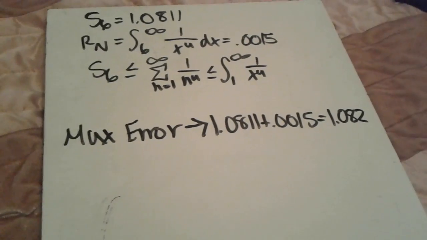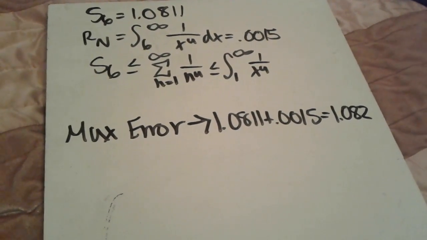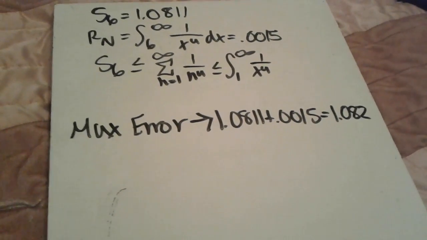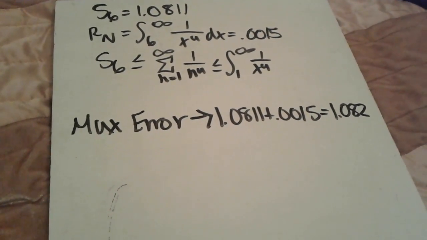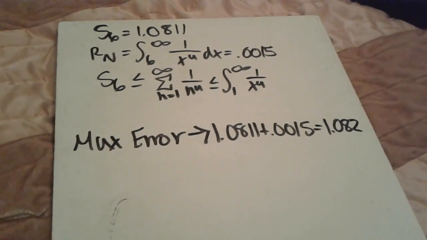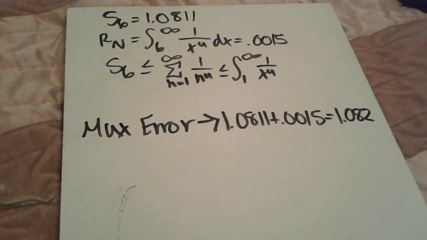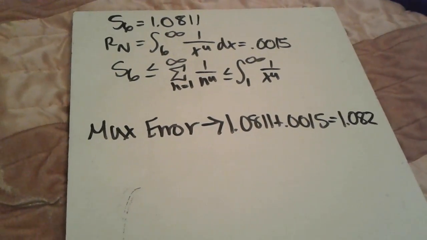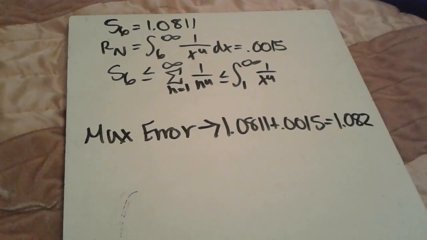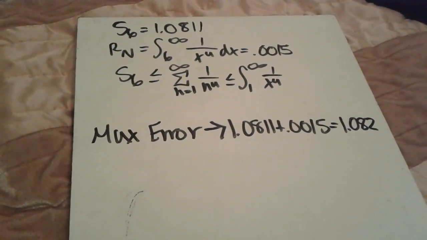And the max error you would calculate by adding those two numbers together, so 1.0811 plus 0.0015. So you would add the sum of the number of terms you were specified to use and the remainder, and that would give you 1.082 as your max error, which is your answer in the end.